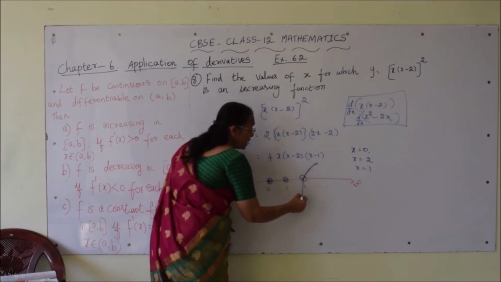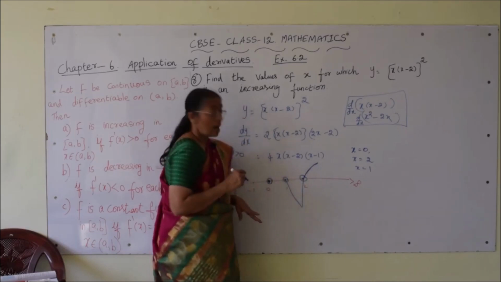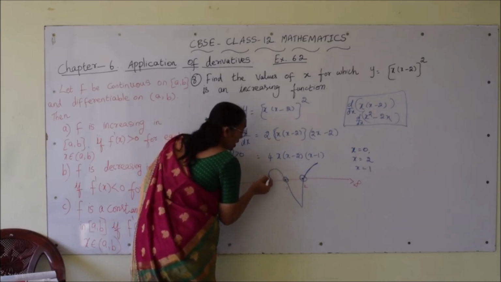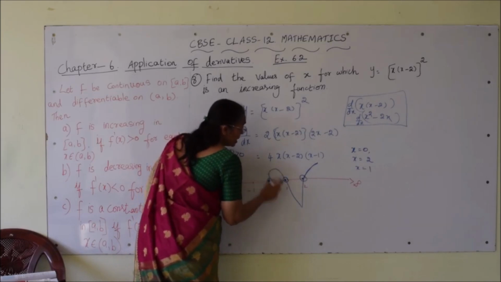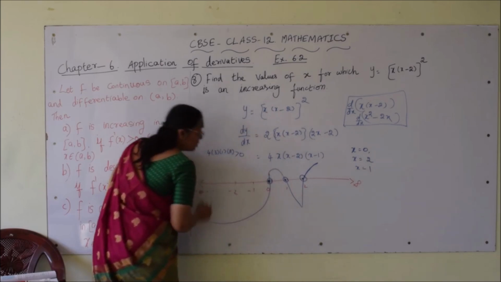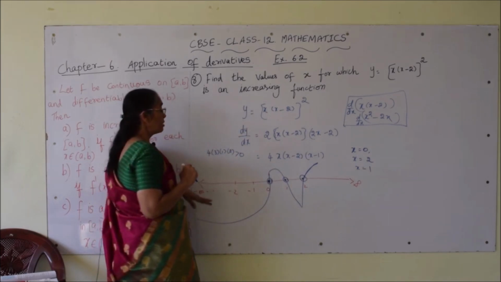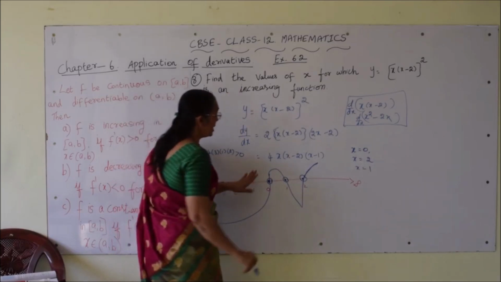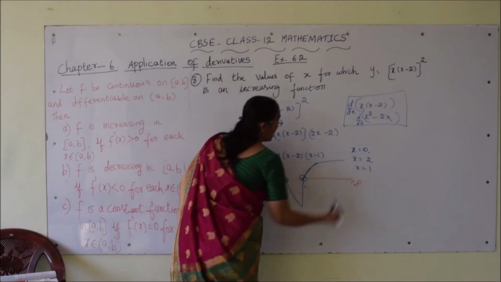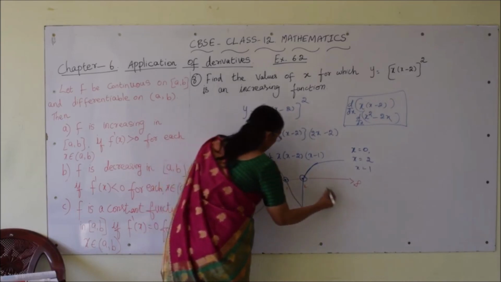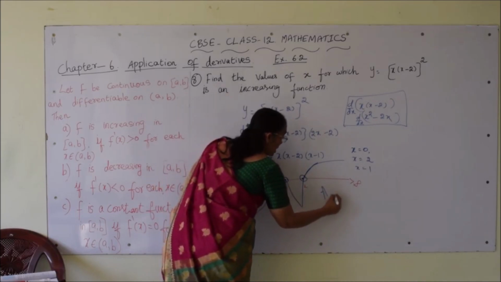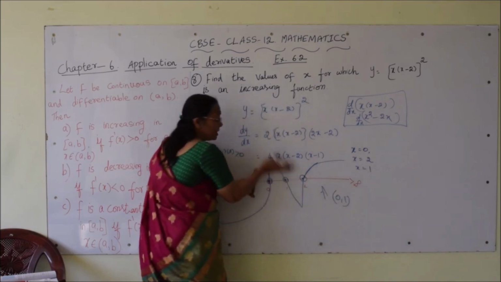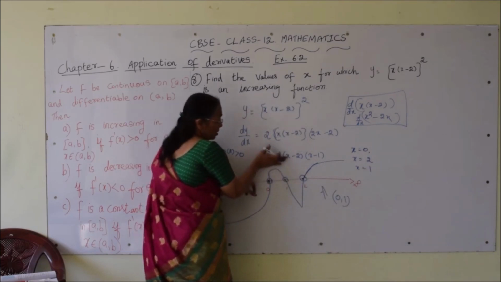So, it will decrease from 2 to 1, again it will increase from 1 to 0, and again from 0 to minus infinity it decreases. Now, the question is in which interval the function is increasing. So, where it is increasing, we can say it is going up to infinity here. So, the function is increasing in the interval (0, 1), in this interval the graph is above the x axis.